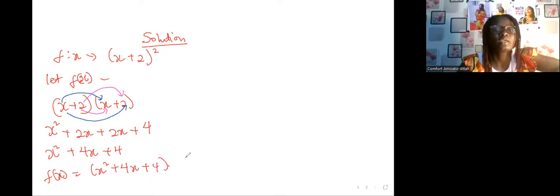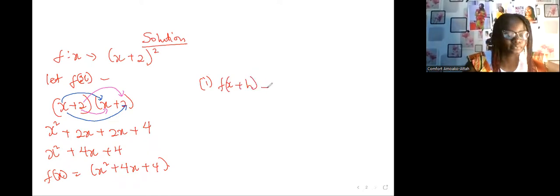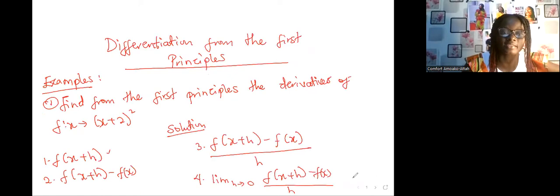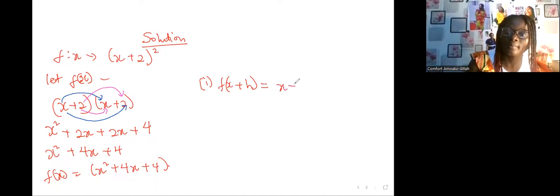Okay, good. Then we come to the first step, which is f of x plus h. So that will give us, from this, (x plus h) all squared.